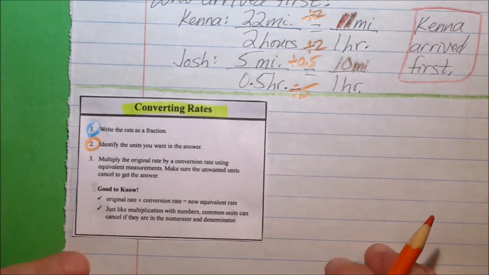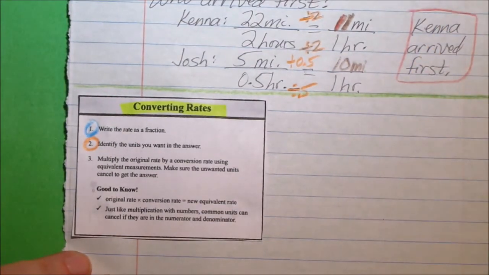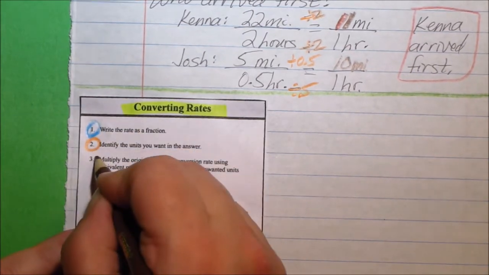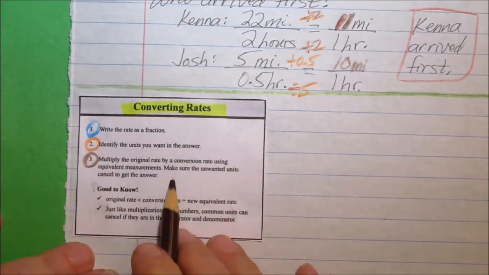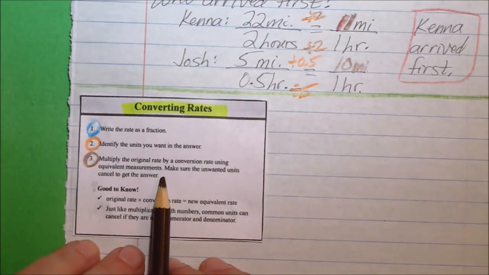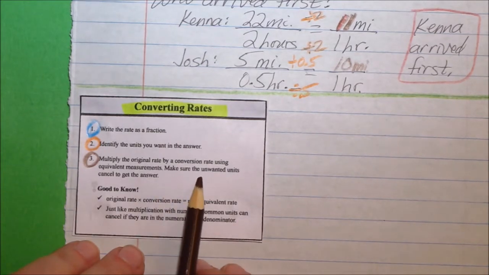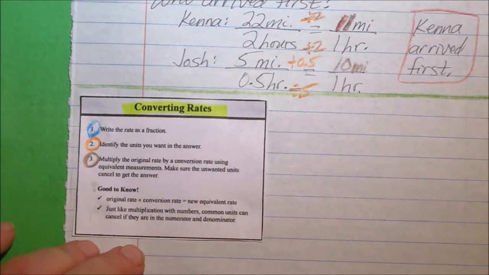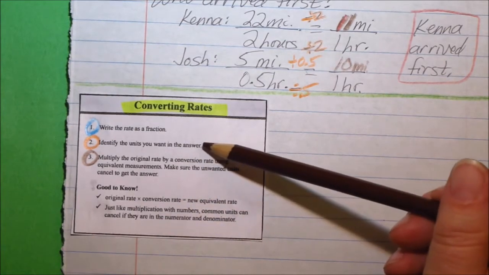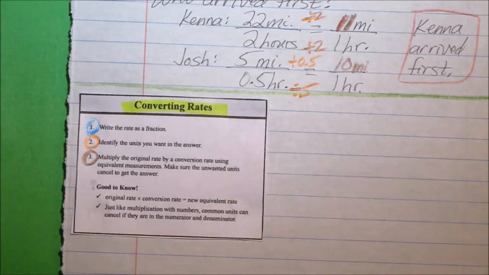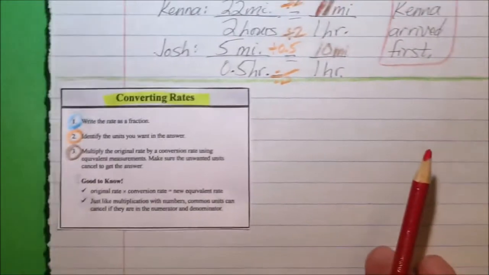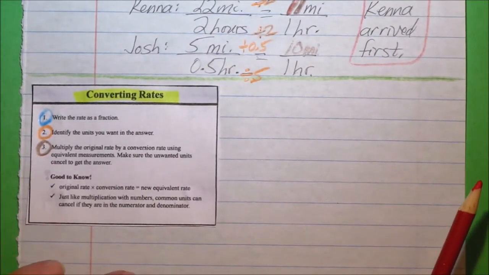So what are those units that you want in the final answer? You'll have to figure that out second. And then the next thing you'll do is multiply the original rate, that's the original rate they give you in the problem, by a conversion rate. That'll get you the units that you identified you want in step 2. I know, that sounds really confusing, I can only imagine. But it won't be as bad as I show it to you, I hope.